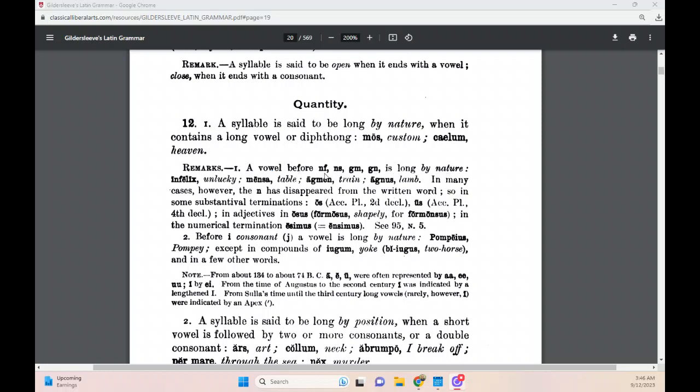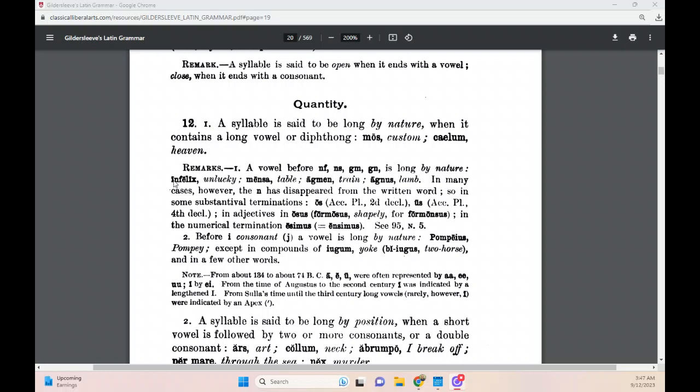A vowel that comes before these combinations in a word is long by nature. So they give us some examples. Here we see the vowel E before the consonants NF. That means this rule tells us that that E in this syllable is long by nature.